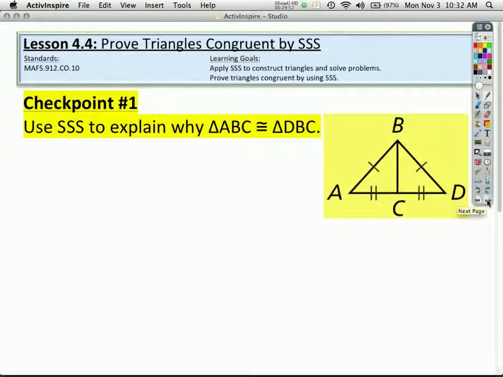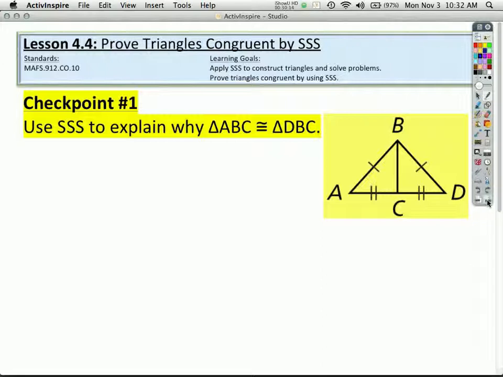So, I'm asking a slightly different question that I want you to explore. Use SSS. So I'm telling you right off the bat, you're going to use side, side, side to explain why triangle ABC is congruent to triangle DBC. So I'm not asking for a formal proof, but I still want a path of logic.